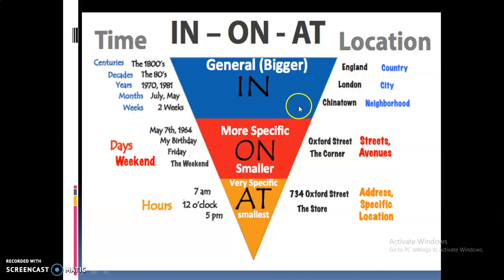And if you want to be more specific, like which street you are talking about, Star Street, on Oxford Street, the corner street. Streets, avenues, use on. And for a specific address or specific location, you can say at 5th Street, at 5th Oxford Street or 5th Star Street, at the store.